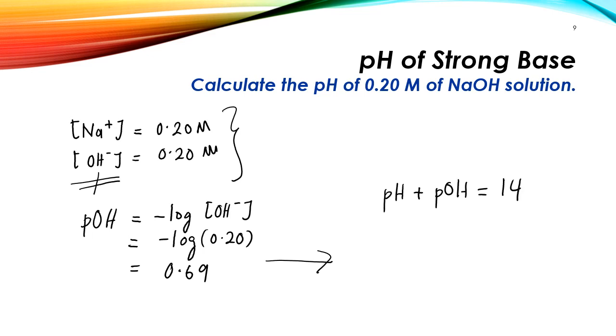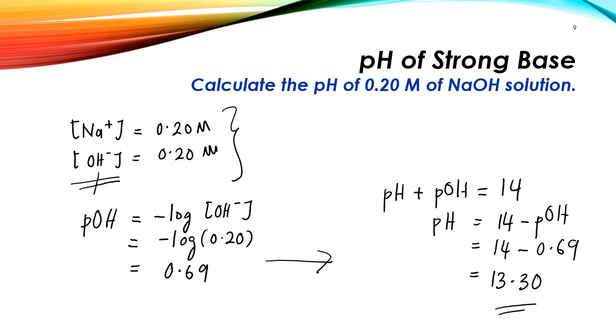Since the pOH value is 0.69, we can rearrange the formula to determine the pH. Thus, we obtain the pH value of 13.30.